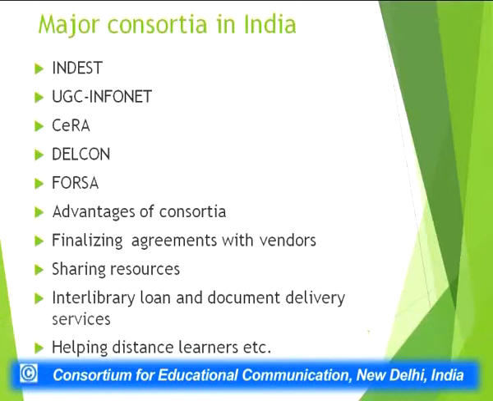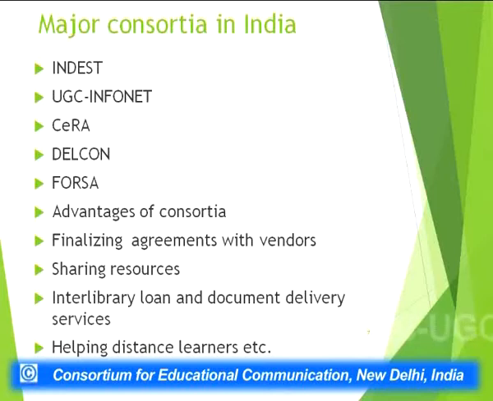CeRA is a consortium of resources from the field of agriculture and allied fields. DALCON is for life sciences and allied fields. FORSA is for astronomy and astrophysics, and so on and so forth. There are various advantages of consortia. They help in finalizing agreements with vendors.